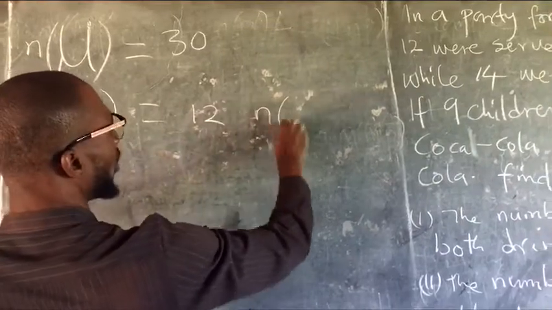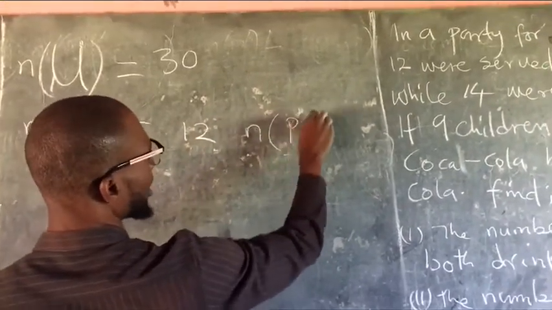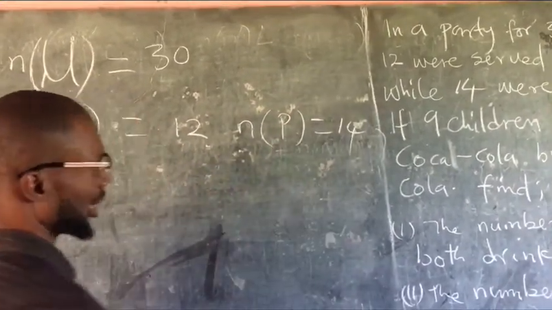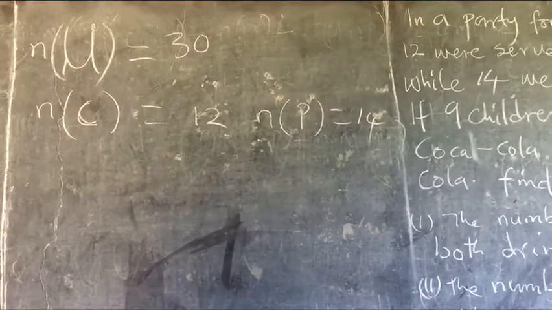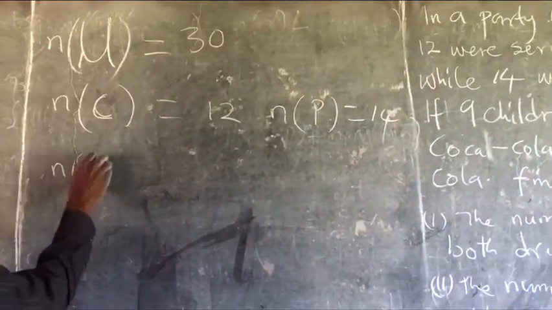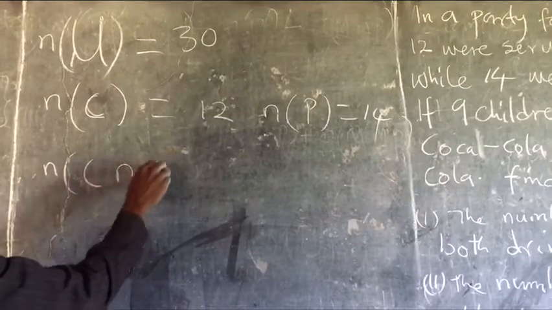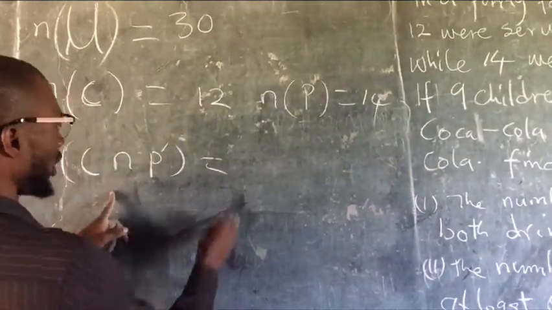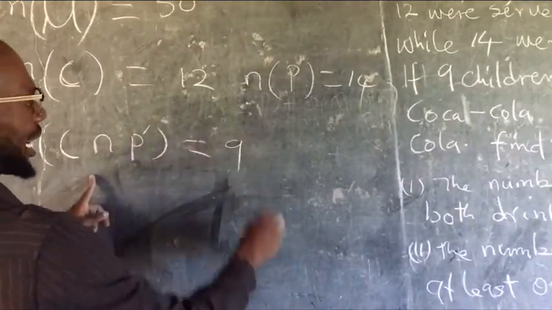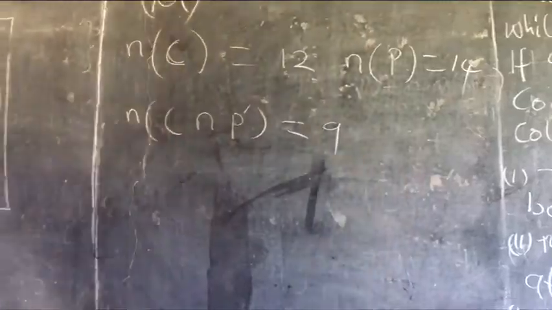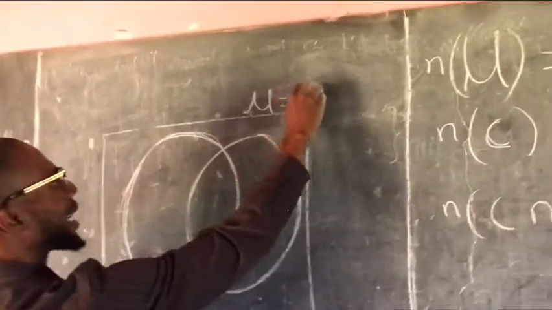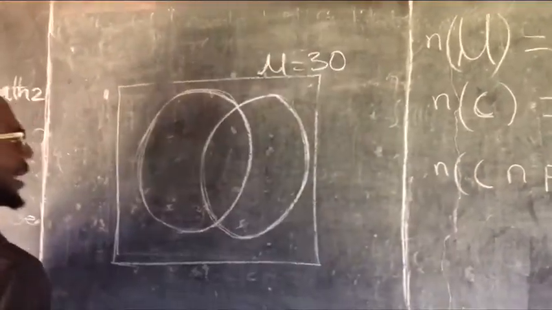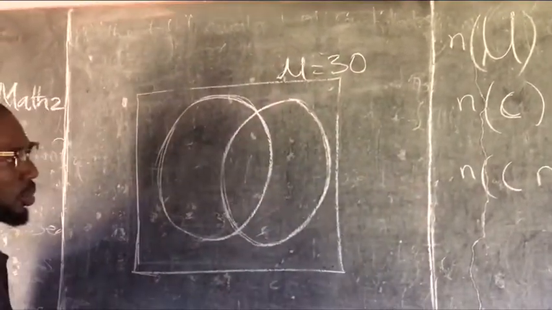And then cardinality of Pepsi is 14. And then cardinality of Coke intersect Pepsi prime, people who were served only Coke but not given Pepsi, they tell us is 9. So for my Venn diagram, I will represent it like this. My universal set is 30 children.